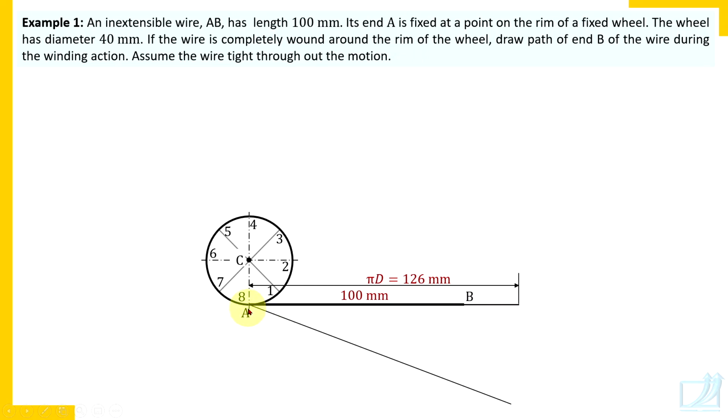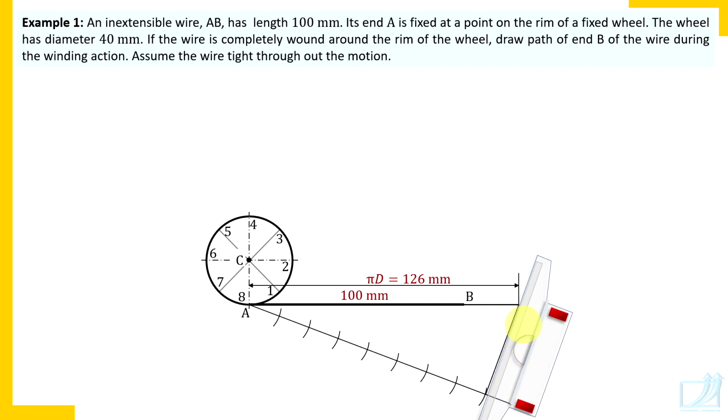So at end A, draw an inclined line at any convenient angle and mark 8 divisions, each division of any convenient length, but all 8 divisions must be of the same length. So mark 8 divisions. Be sure that you have marked 8 divisions, and now the end of the 8th division you join with the end of pi d.